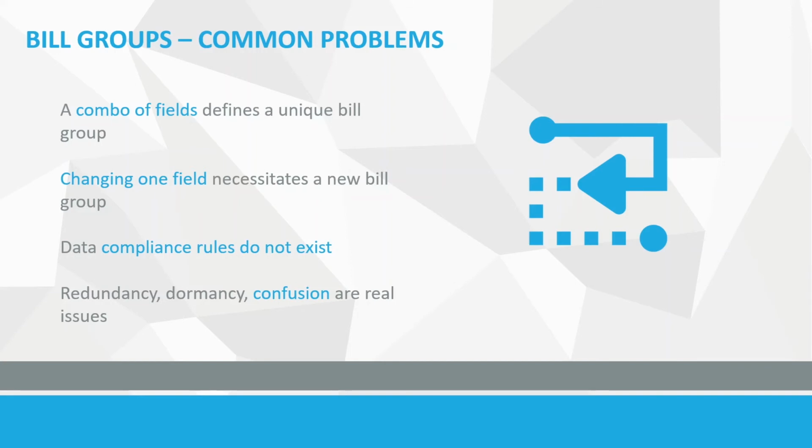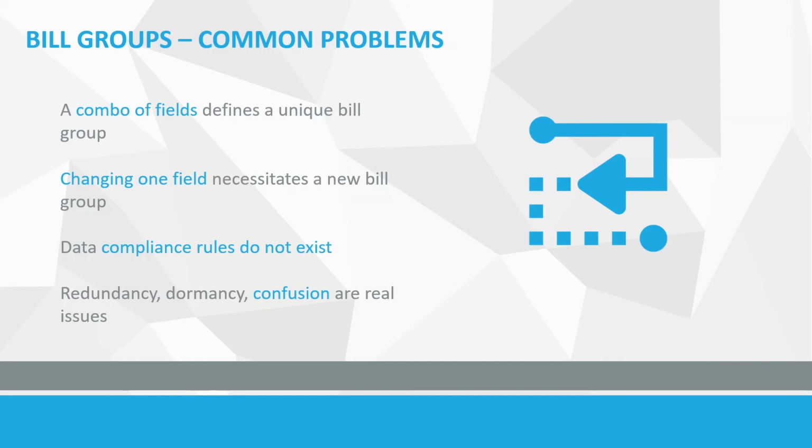And changing one of those fields often necessitates creating a whole new bill group. The ideology behind this really is that you don't necessarily want to change a bill group during the billing process. You don't necessarily want to change a bill group with a bunch of outstanding bills associated with it.